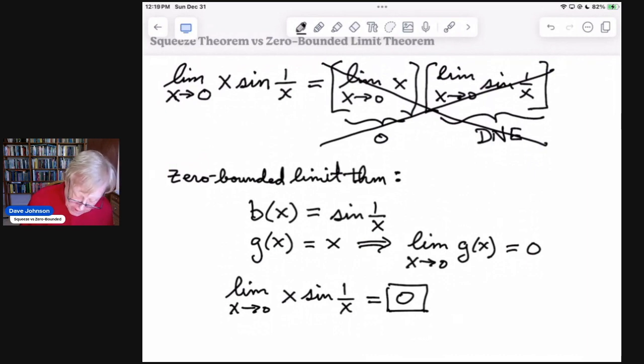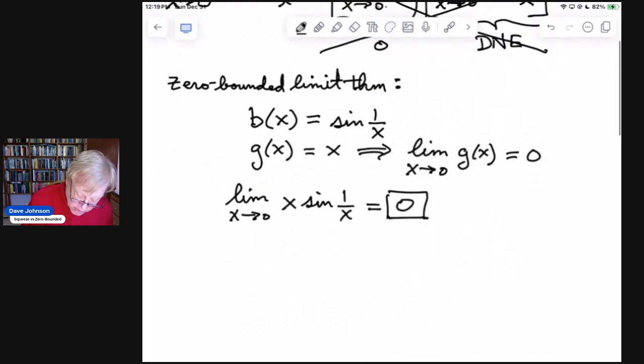The other possibility is to do it with the squeeze theorem, which is often the one that the teacher wants you to use. So let's say Squeeze Theorem.